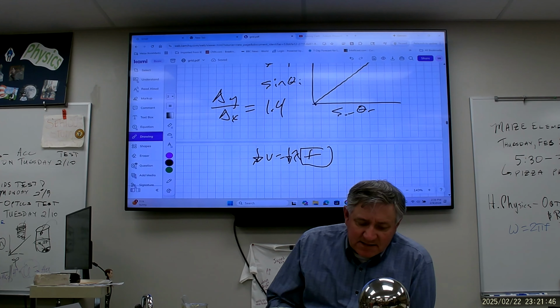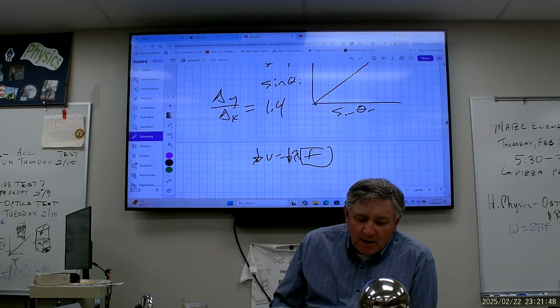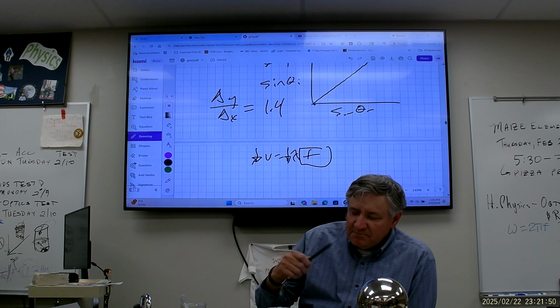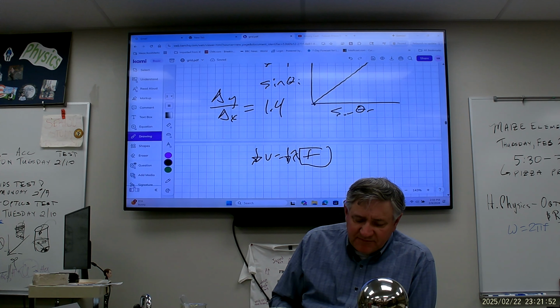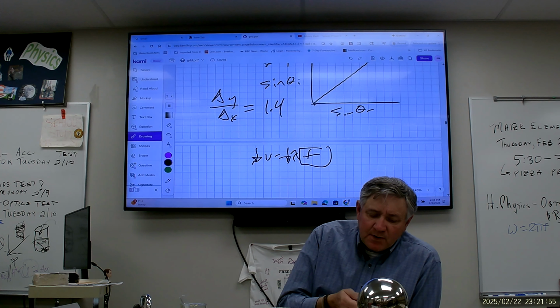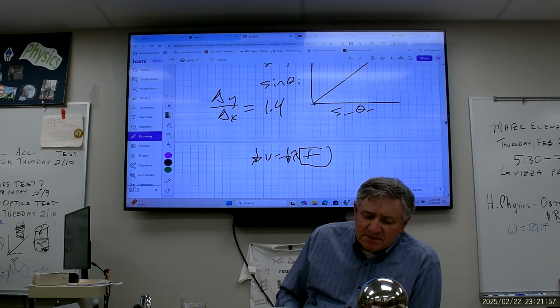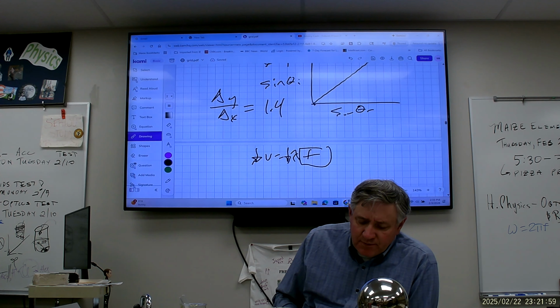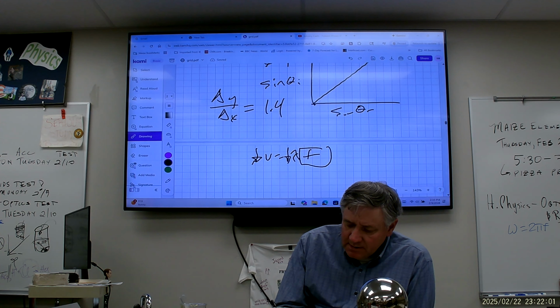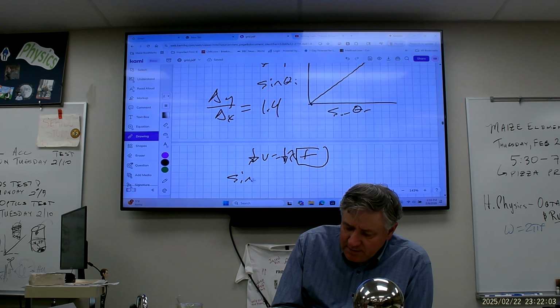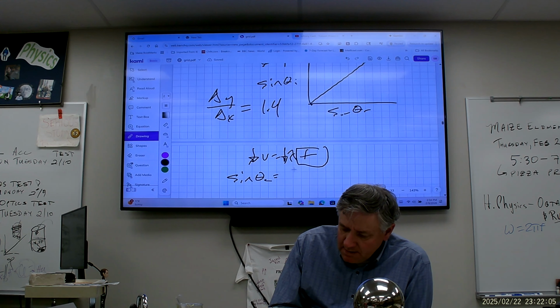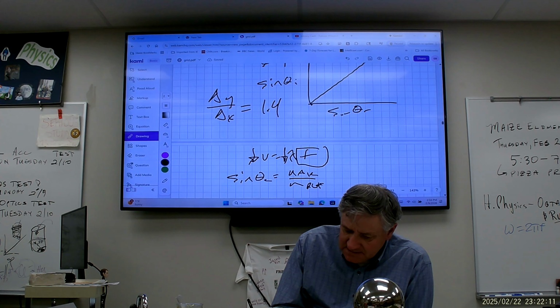Now, on that back side, there's a back side to that. Basically, all it's asking you to do is find the slope. Now, when it gets to C, now it wants to confirm the results by measuring the critical angle. Okay, so the sine of that critical angle is going to equal n of air over n of the plastic.